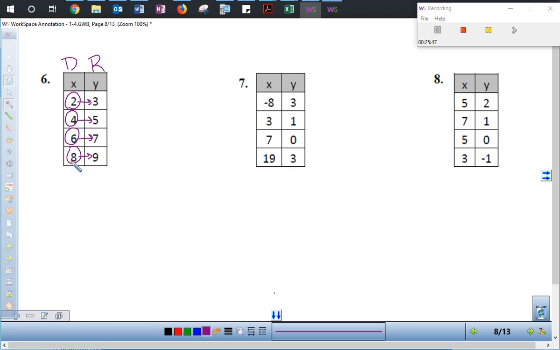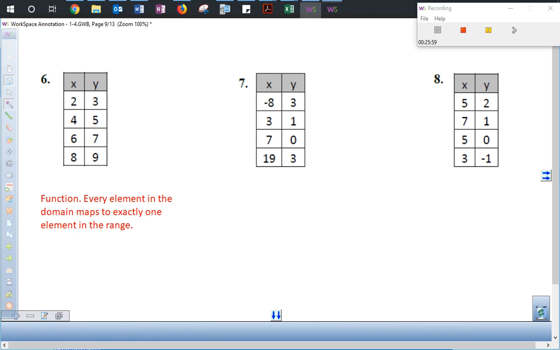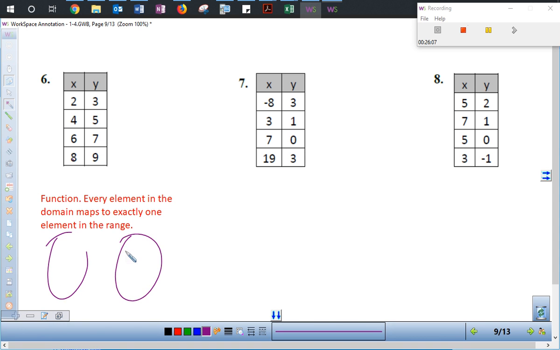I don't have any of those numbers repeating. And all of them are paired with exactly one number. So number 6 is a function because every element of the domain maps to exactly one element in the range. And again, if I wanted to map that out, 2, 4, 6, 8, 3, 5, 7, 9. 2 goes to 3, 4 goes to 5, 6 goes to 7, 8 goes to 9. That definitely is a function.